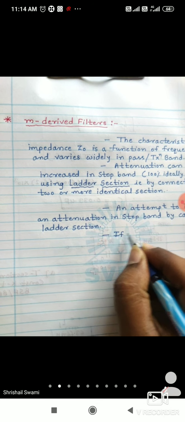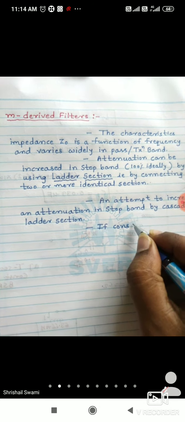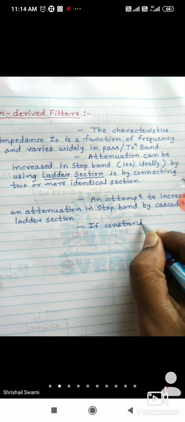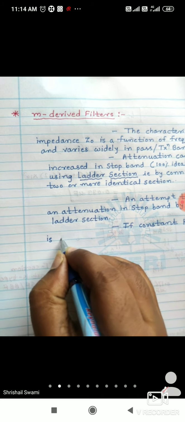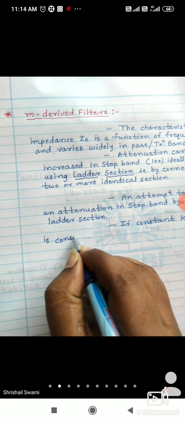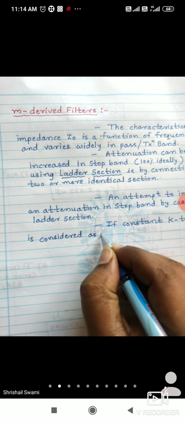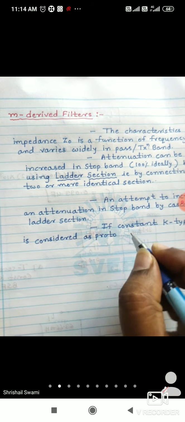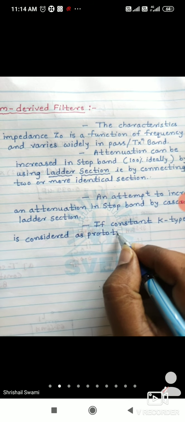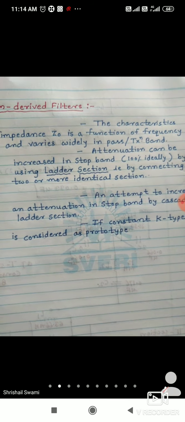Now next last point, if a constant k section, that is constant k type, is considered as prototype म्हणजे बेस. प्रोटोटाइप म्हणजेच काय? बेस on which we are doing the modification.